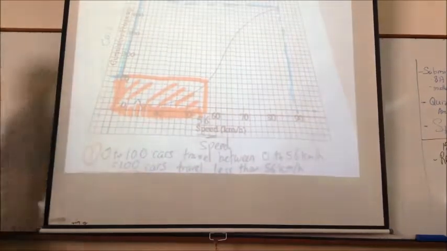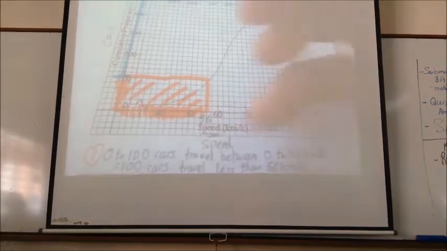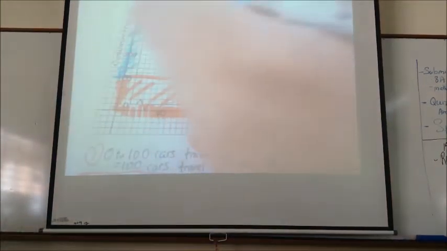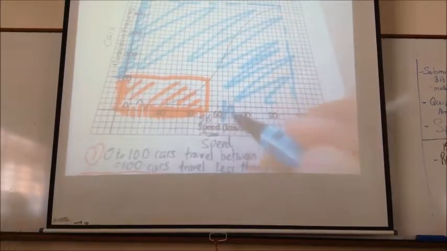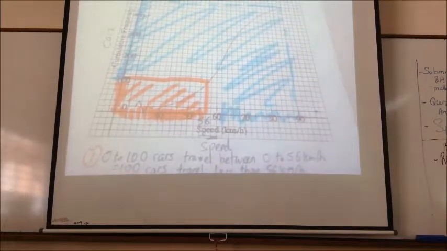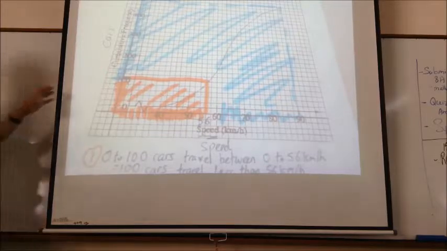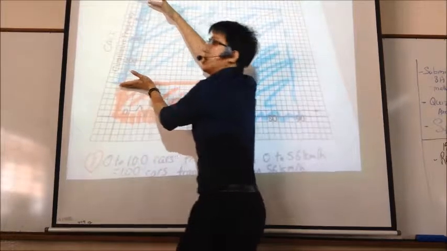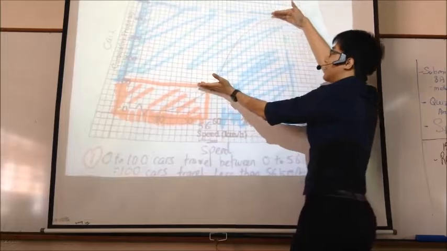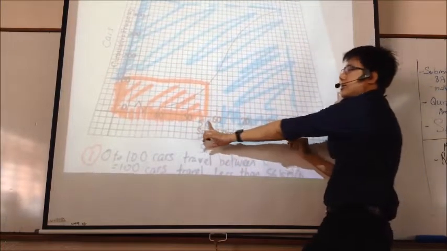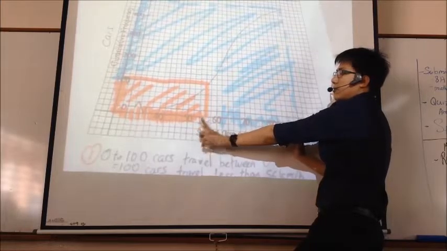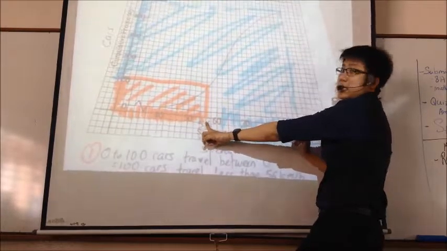You can color in two ways: you can color in this way, or you can color the whole area. I'm trying to show you that this area of cars means this speed. And the speed is between what? Is it less than 56? It's from 56 to 90.